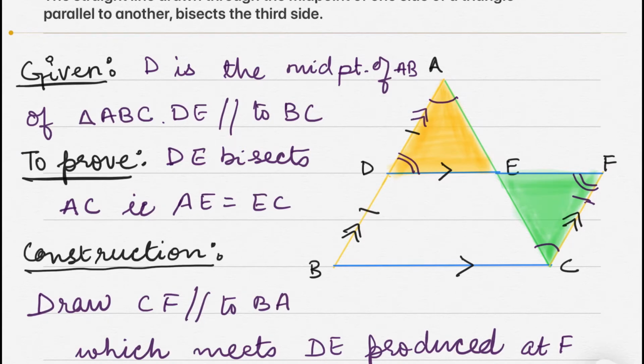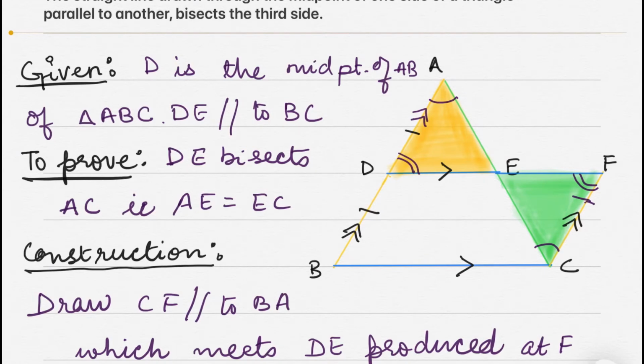They also form the alternate angles, and we already know that AD is equal to CF. We have proved it. So these two triangles are congruent by ASA property. So I can say that AE is equal to EC by CPCT, or the corresponding parts of congruent triangles are equal. So we have to prove it like that.